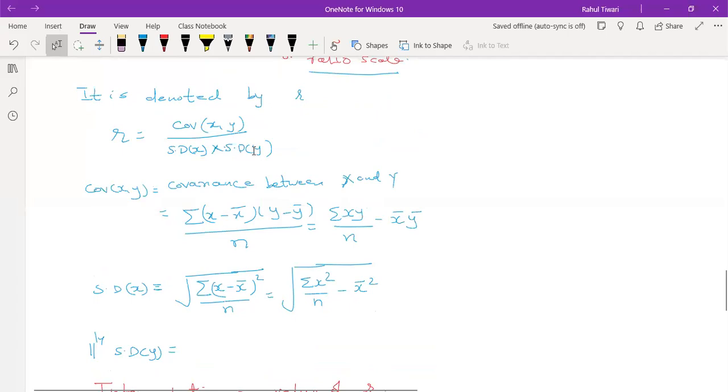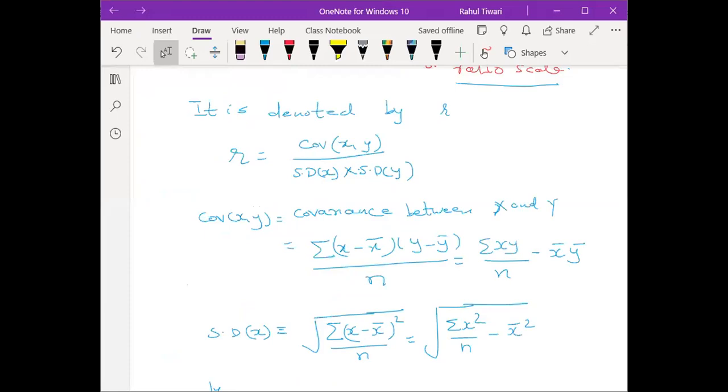I think you have already seen this in paper 2, something you did in bivariate, correct? Yes, sir. Exactly the same formula. The only thing is that there you talk about the random variable, here I'm talking about the actual data. That's the only difference. Otherwise, the whole task is the same, there is no discrepancy.